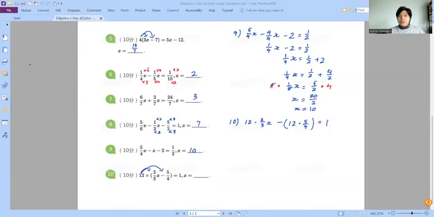So let's work on this 12 times 2/3 of x. I can rewrite 12 as a fraction out of 1. And now I can think about cross-simplifying. Here, I have 3 and 12. They can both be divided by 3 to get 4 and 1. As you can see here, I'm going to get 4 times 2x, which is going to be 8x.